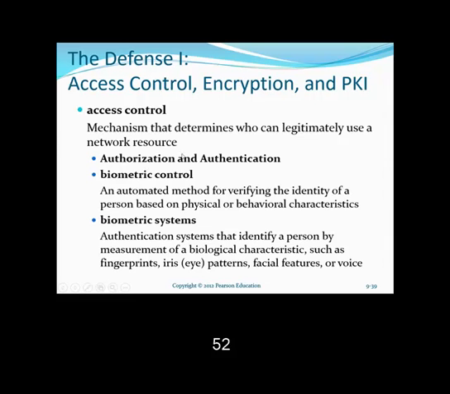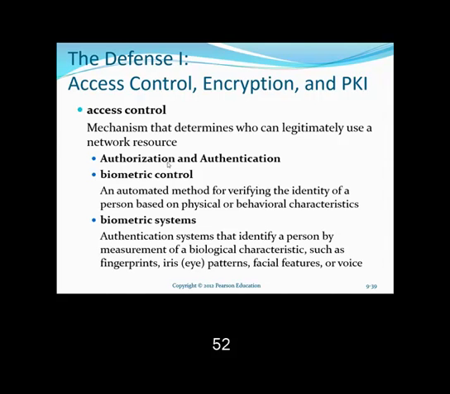So under authorization and authentication, authentication can be established with something one knows, for example a password, or something one has, like a token, or something one possesses, like a fingerprint or the iris.